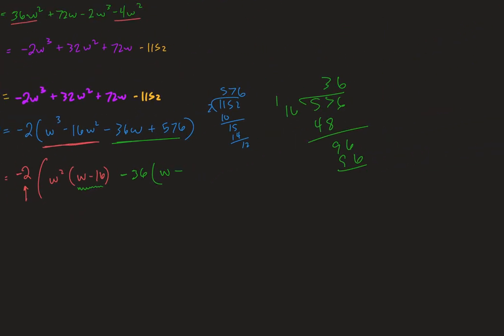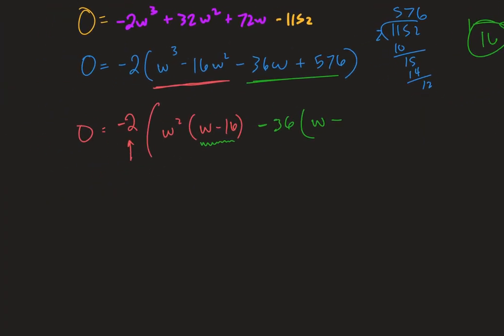And if you're like, what just happened? I tried 16 instead of trying 36. If I had done 576 divided by 36, I would have gotten 16. Anyway, so 16 here. I'm going to do a red parenthesis because I did a red parenthesis right here.